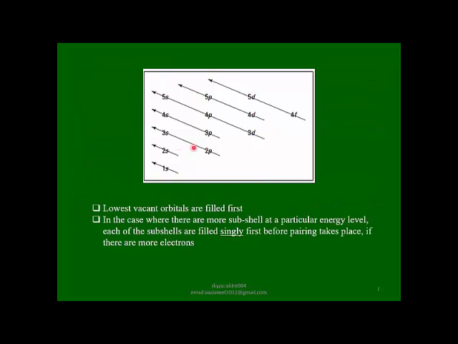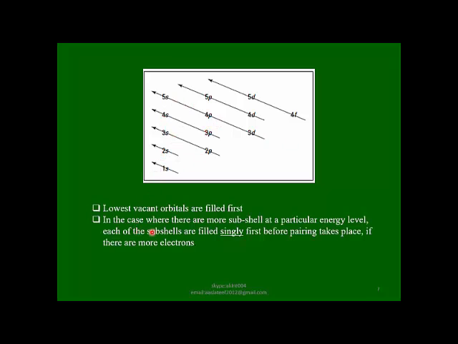This is the chart that shows the energy order in which we fill electrons into shells. But we need to note that the lowest vacant orbitals are filled first, like 1s now. We start from 1s, then 2s, 2p, 3s, 3p, 4s, 3d, 4p, 5s, like that. So we follow the direction of the arrows.